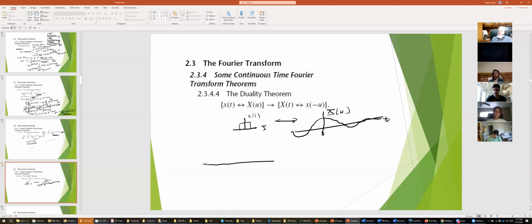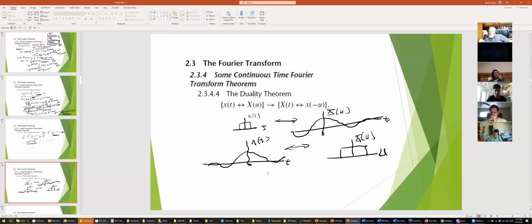So we would expect, because of the duality theorem, that a sine x over x that was x of t would Fourier transform into a rectangle function in the frequency domain. So therefore, the cool thing about the duality theorem is every time you have a Fourier transform, you double down. You have two Fourier transforms.